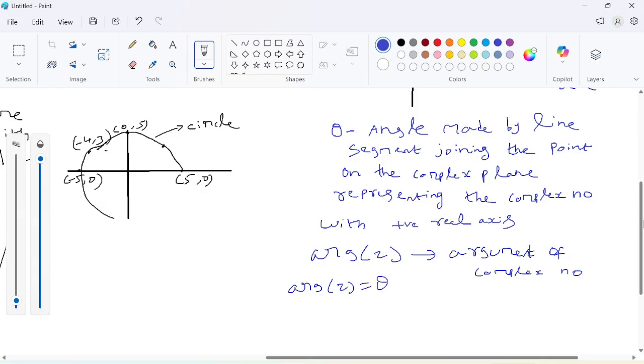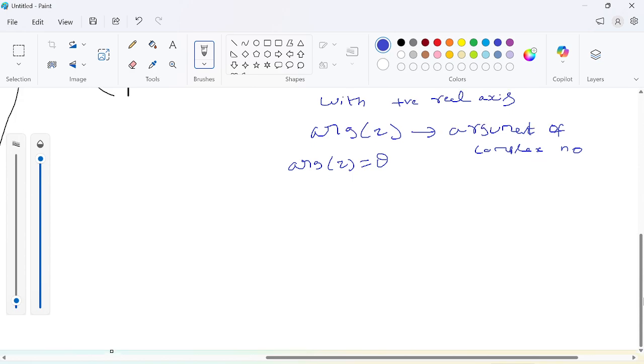Generally, we can represent two types of arguments. One is the general argument.